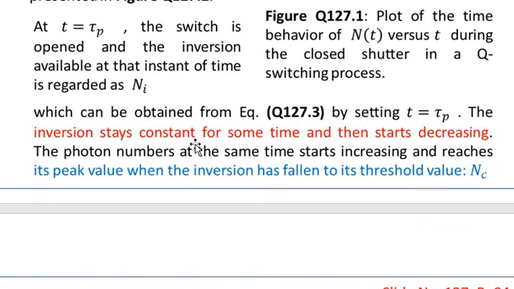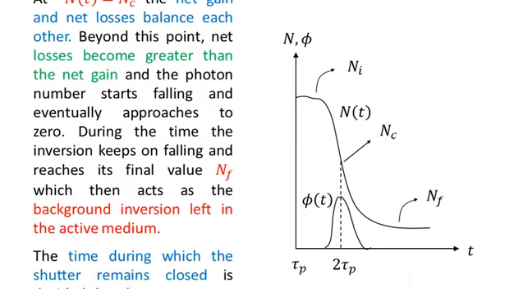The inversion stays constant for some time and then starts decreasing, which you can see from this plot: inversion stays constant for a short interval of time and then it starts decaying.